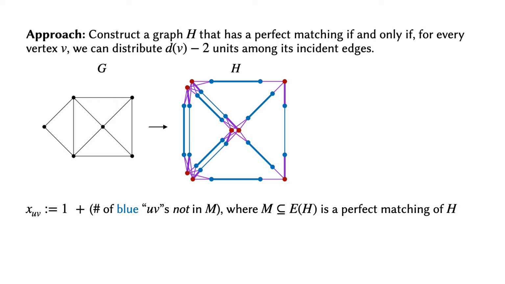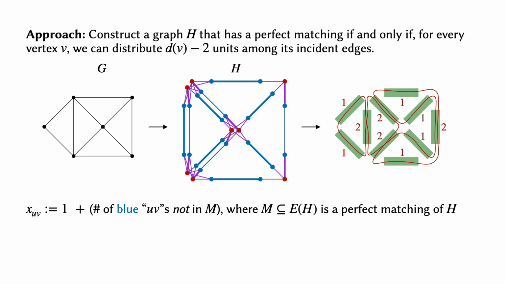More formally, x_uv is defined as 1 plus the number of blue disjoint copies of uv that are not in the perfect matching of H. And here we show a perfect matching of H in bold. And this is an example threading that we could construct from the resulting counts from the matching.